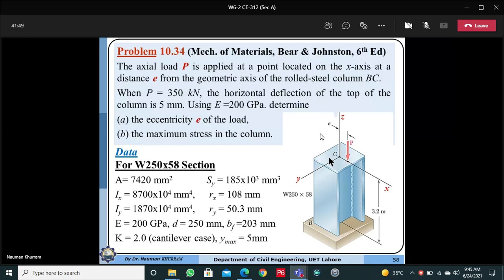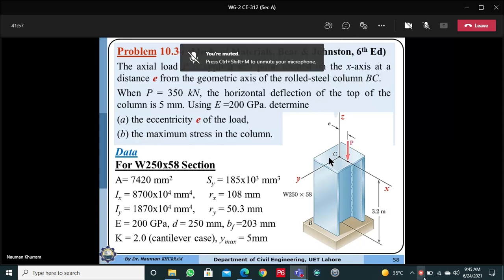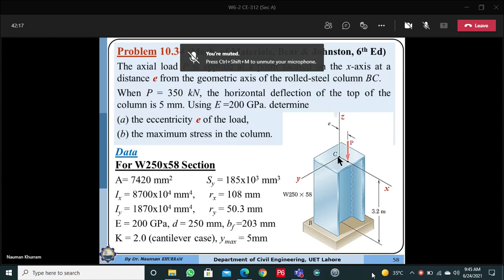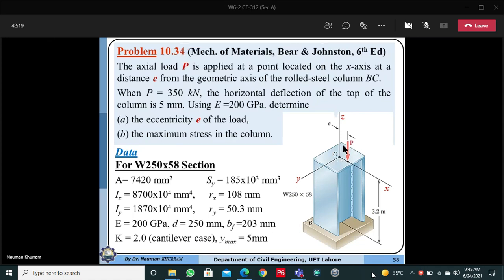This will produce bending about the y-axis. It means this column is eccentric about the y-axis, so we need to use all geometric parameters about the y-axis. Do we have any eccentricity along the y-axis? No. So it means that about the x-axis the column is concentric.